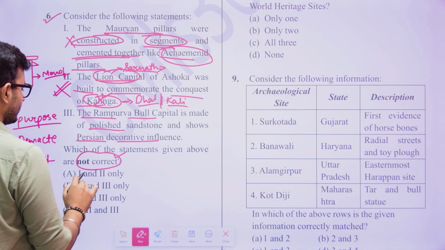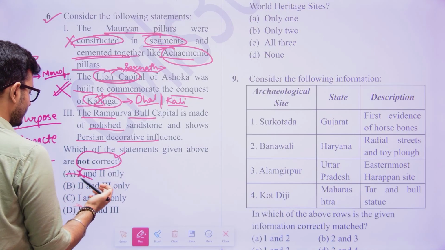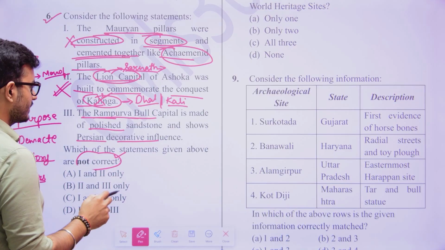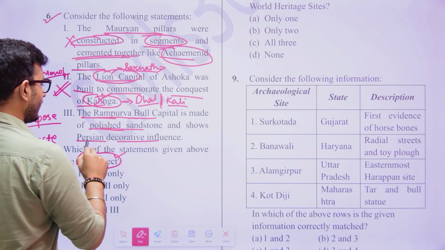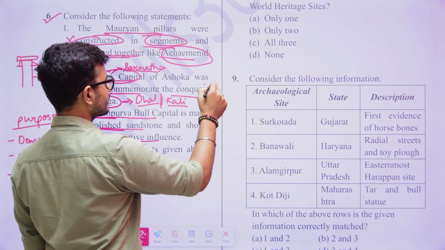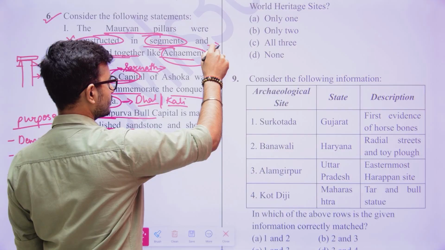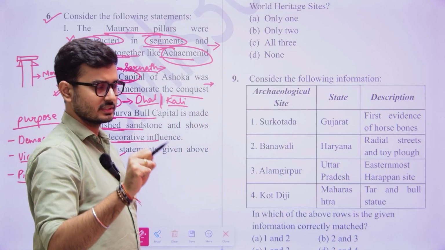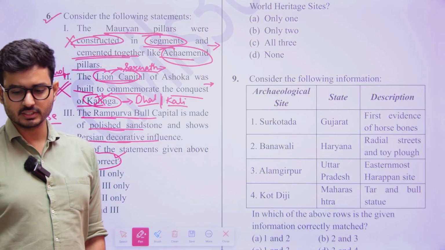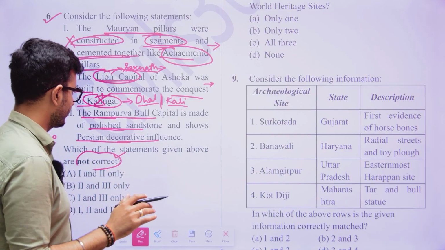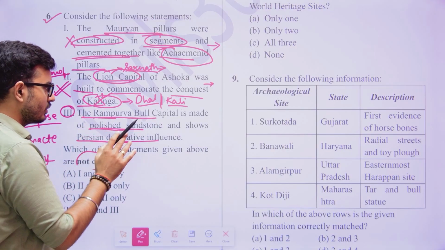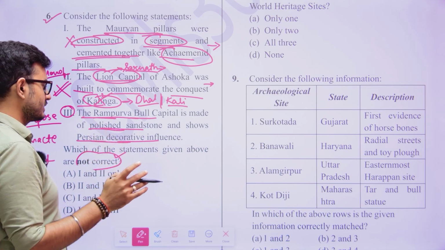Now let us understand the third. The Ramapurva bull capital is made of polished sandstone and shows a Persian influence. Here there were not two contrary things merged together to create one forceful statement.